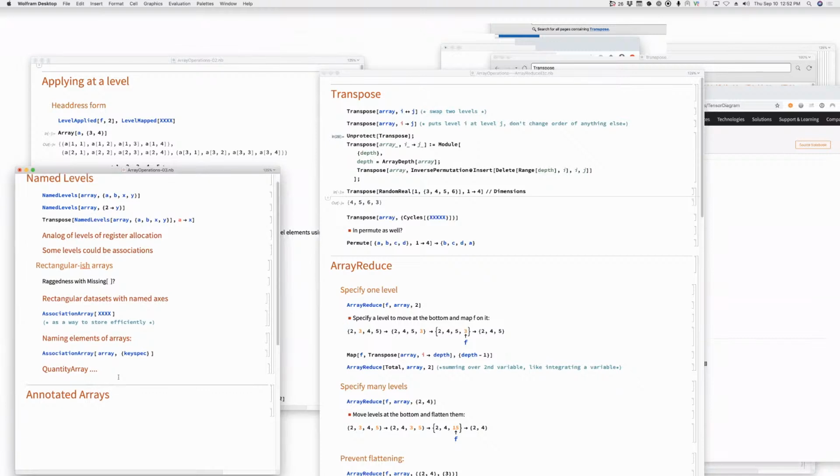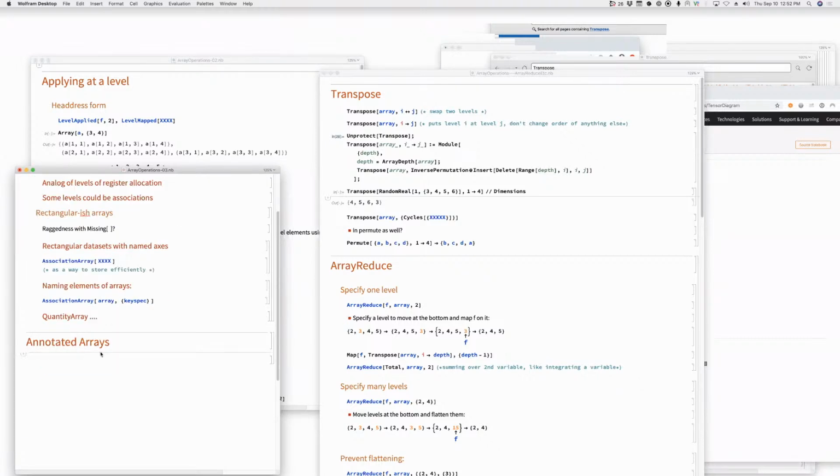General concept, annotated arrays. How can they be annotated? One annotation is what the indices are at a particular level, e.g. association keys. Another thing is what the names of the levels are.